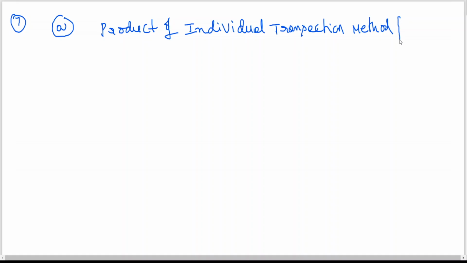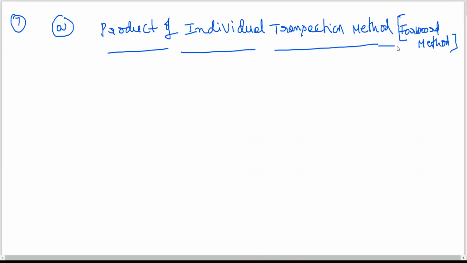Just so you have an idea, in the examination, without any confusion, here we are doing the forward method. So let us start writing.